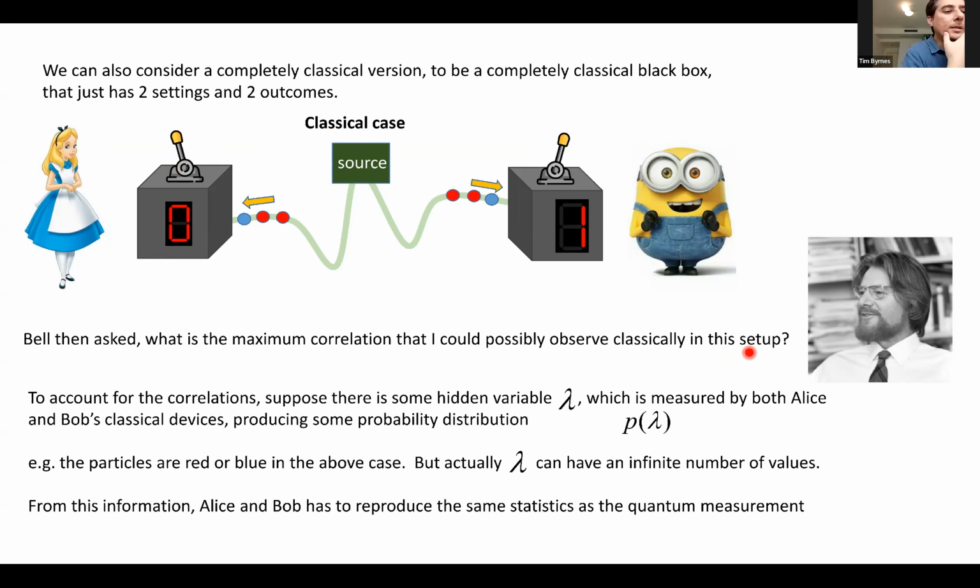To set up this problem, he said, let's just make this completely general. We're not going to model the balls by anything. Let's just write the most general probability distribution that you could have. So we're going to have some correlation, some probability distribution, but it's going to be dependent upon hidden variables, and actually maybe more than one variable, maybe an infinite number of variables.